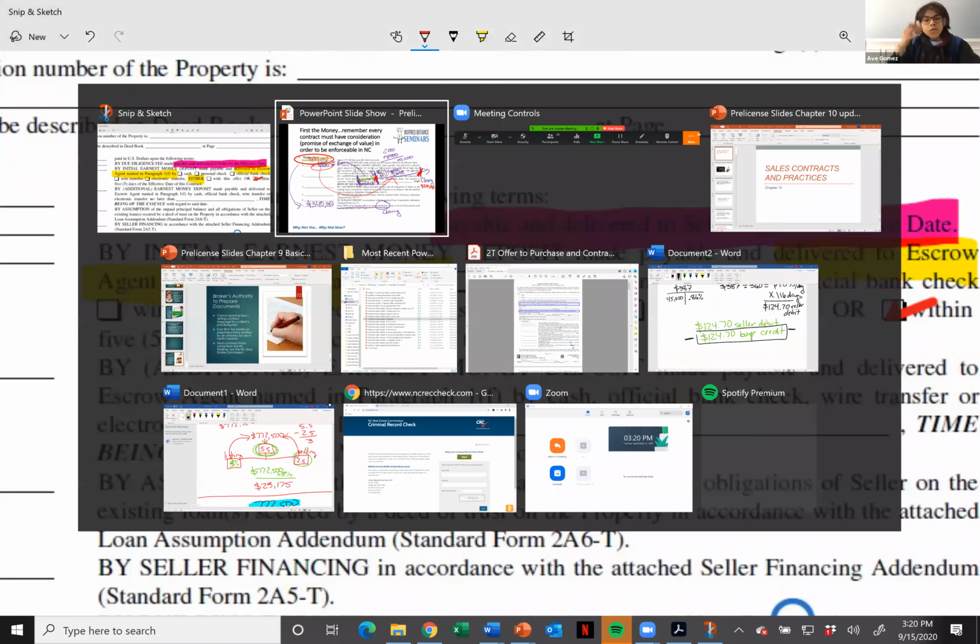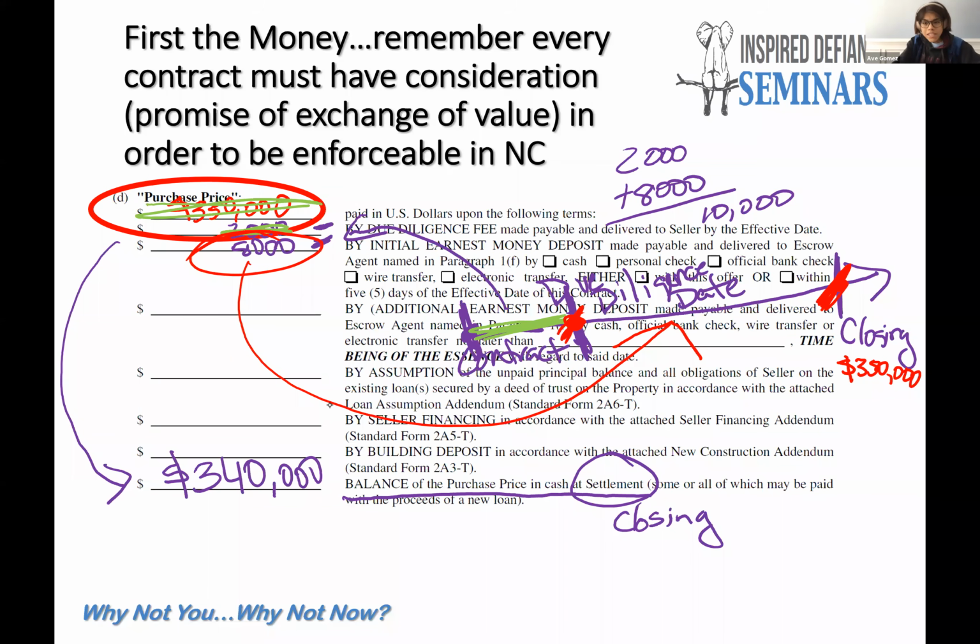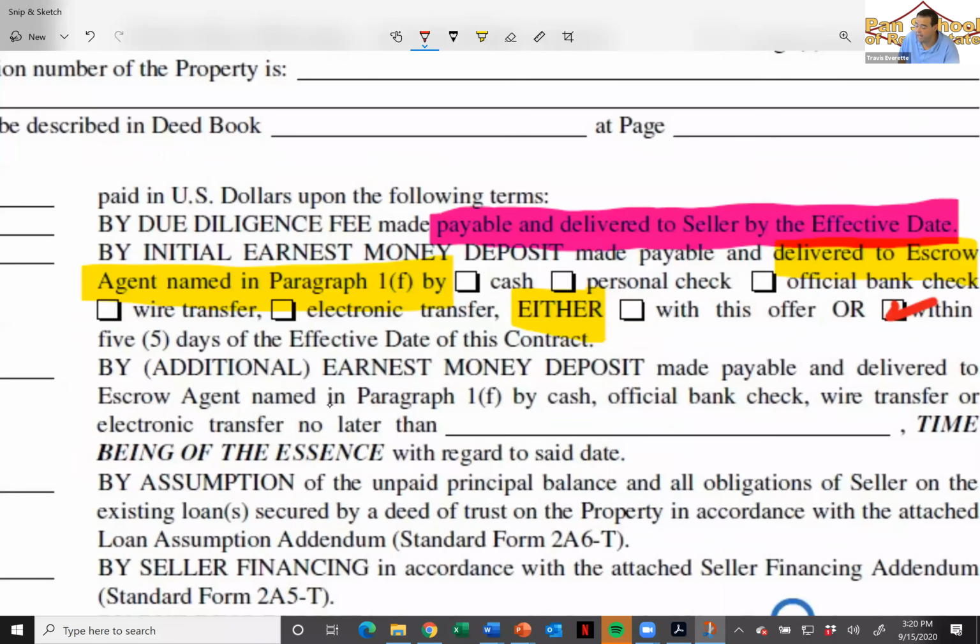Okay. So the due diligence fee has to be paid when they go into contract. That's right. Due diligence fee. And notice it says payable and delivered directly to who? Who gets this money right away as soon as we go under contract? The seller. And listen, there's a reason it's called this word right here.